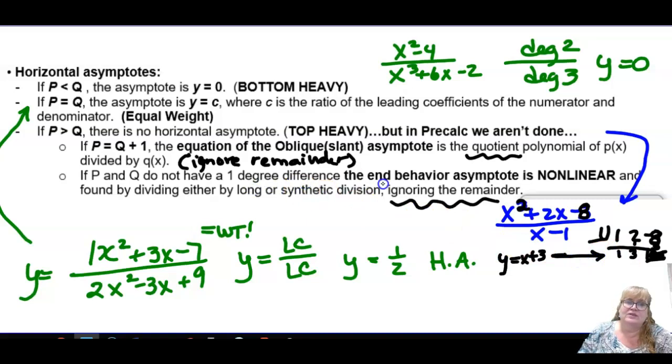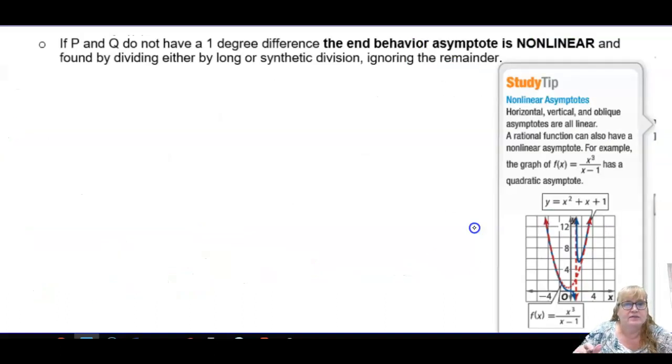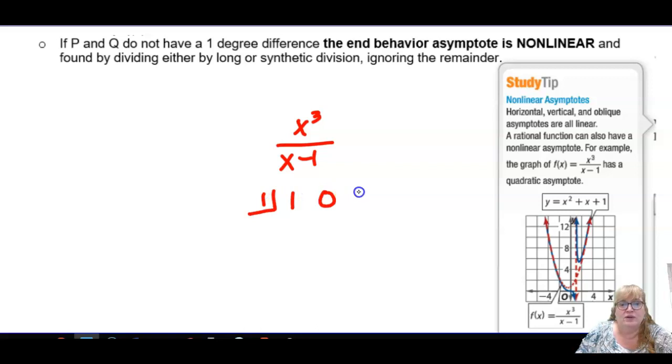And finally, if they do not differ by 1, if this had been an x cubed over an x, you would divide it out, and what you would get is an x squared, and we'll talk about that in a second. Here we go. When you have something like this, x cubed over x minus 1, if you do synthetic division, this is 1x cubed plus 0x squared plus 0x plus 0.